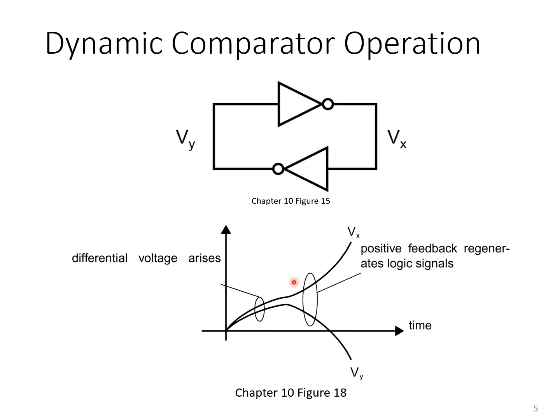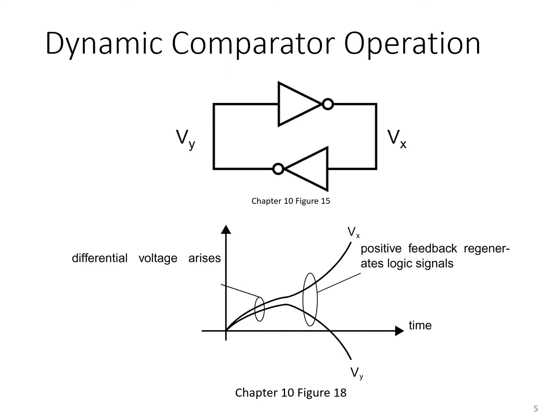At that point, the difference between Vx and Vy will start growing faster due to the positive feedback loop, and in fact will grow exponentially, as we'll show on the next slide, causing those two voltages to diverge. So when looking at simulations of such circuits, you can usually clearly identify these two different portions of the waveforms on Vx and Vy.